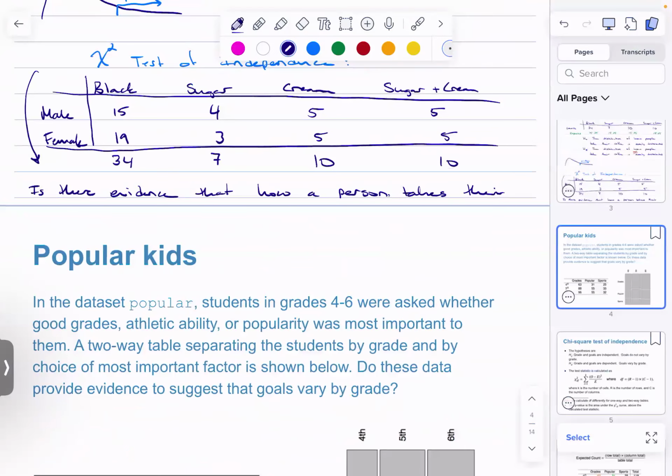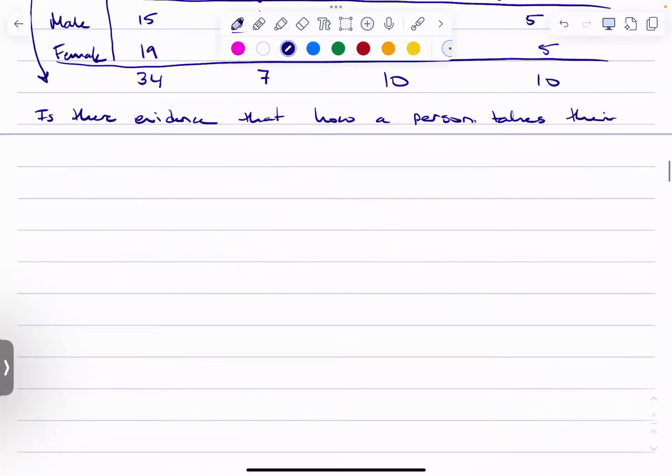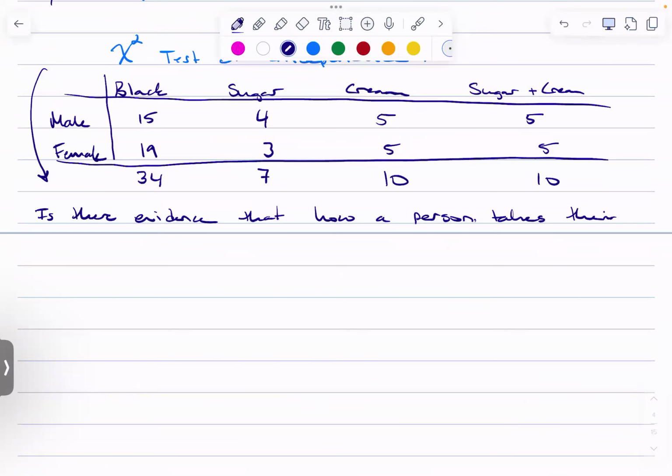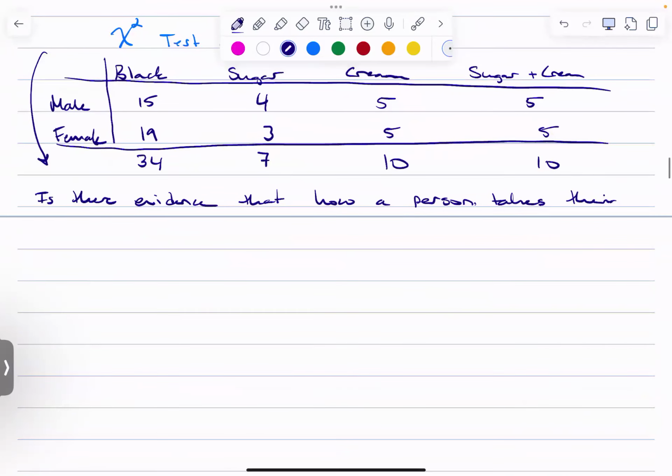No, let's go for it. Live a little. Is there evidence that how a person takes their coffee depends on their gender?